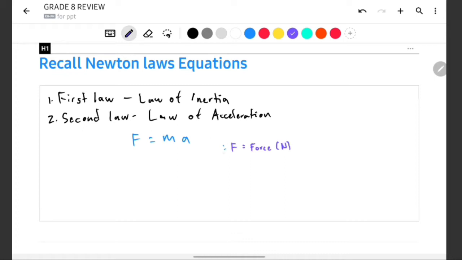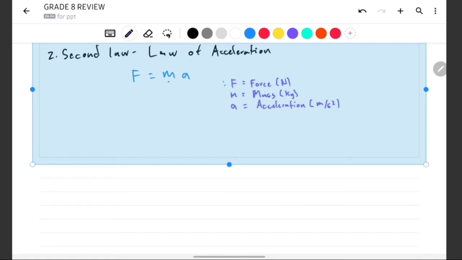Newton. Meron din tayong M. M is for mass. What's the unit for mass? Kilogram. And acceleration, or A. Anong unit ng acceleration? Meters per second square. Yan. So, yan yung binigay sa atin for the second law.